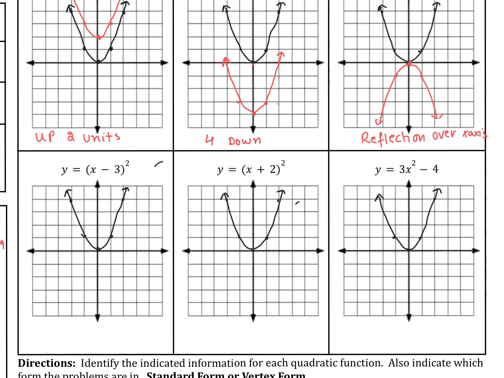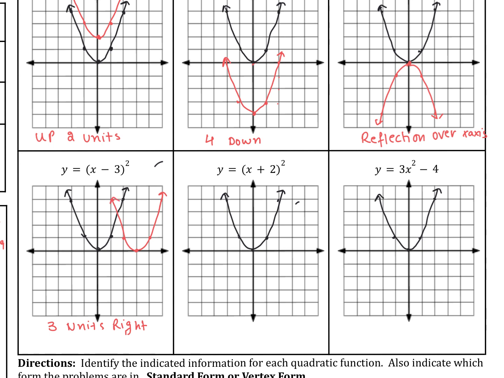I already graphed it. For negative 3 inside, this means that you're going to move the graph 3 units right. If it is negative, you move to the right, so 1 2 3, and then after that you follow the same pattern and graph the translated graph, which is moved 3 units to the right.